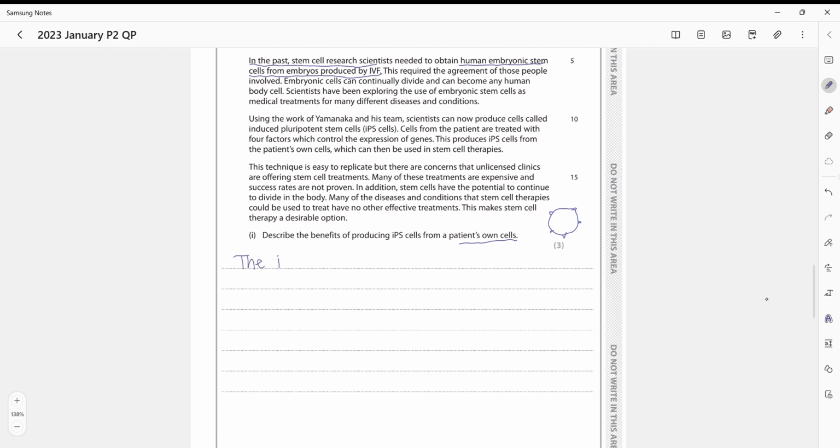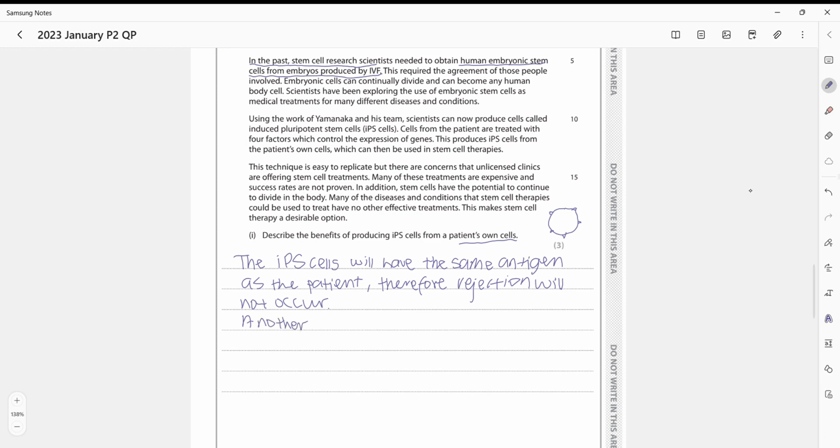The iPS cells will have the same antigen as the patient, therefore rejection will not occur. And then we'll mention the other point, which is no longer needing to use the human embryonic stem cells.